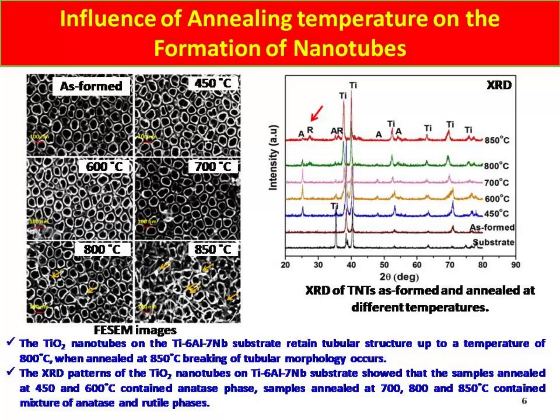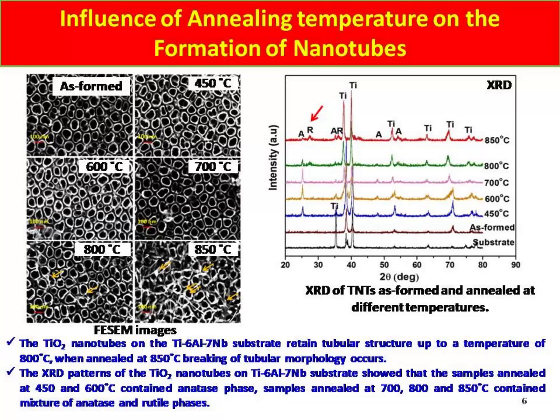In the same picture, the first one shows the as-formed sample, then the samples annealed at 450, 600, 700, 800 and 850 degrees centigrade. From these SEM morphologies, the substrate retained the tubular structure up to a temperature of 800 degrees centigrade. When the annealing temperature increased to 850 degrees centigrade, this tubular morphology breaks.